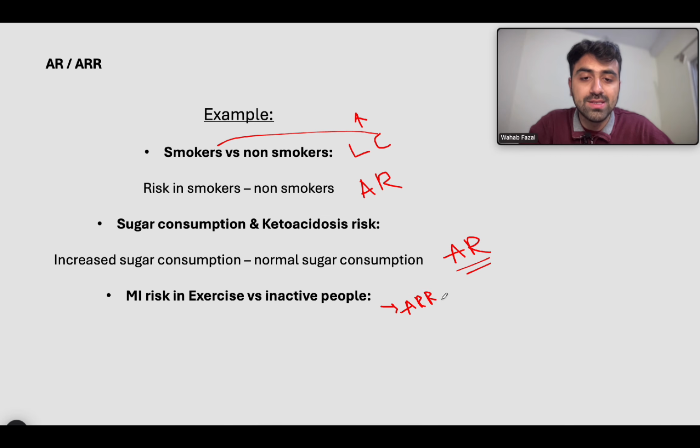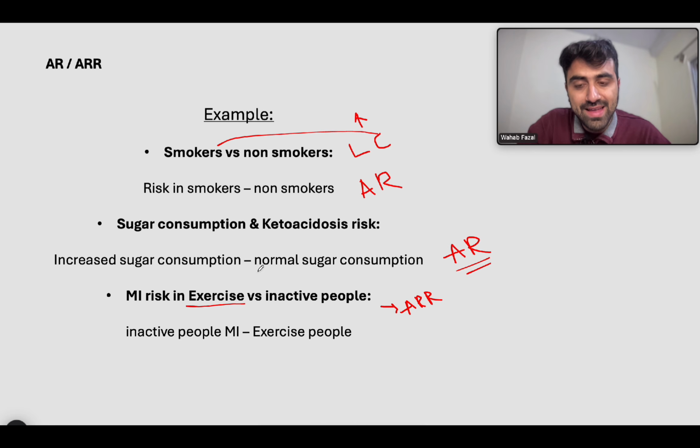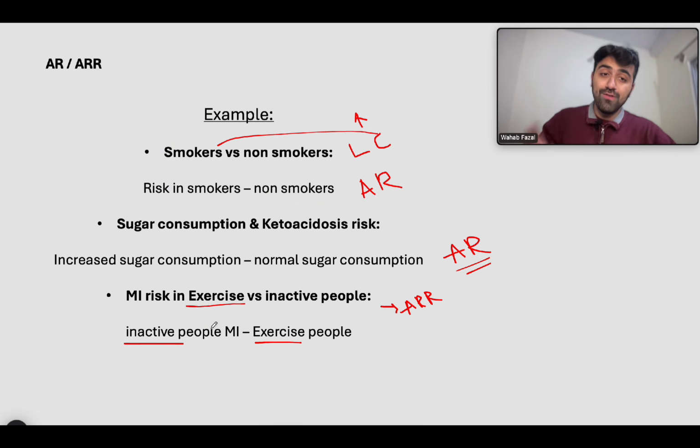You want to know the risk that is reduced by exercise, right? So you take inactive people minus exercise people, because the risk in inactive people of developing an MI is always going to be higher than the risk in exercise people. Therefore, this is what you call an absolute risk reduction.